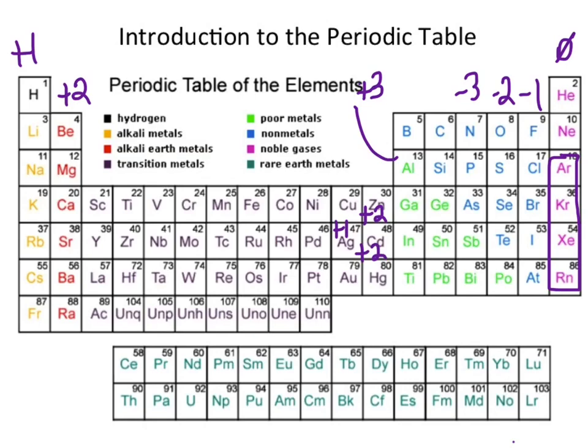Now we are also going to memorize and know the following. Iron, cobalt, and nickel. Those three right there will do +2 or +3. Iron, cobalt, nickel will be +2 or +3.